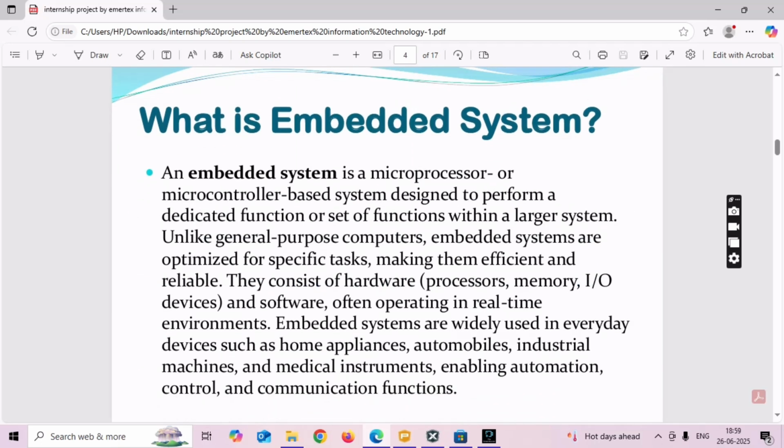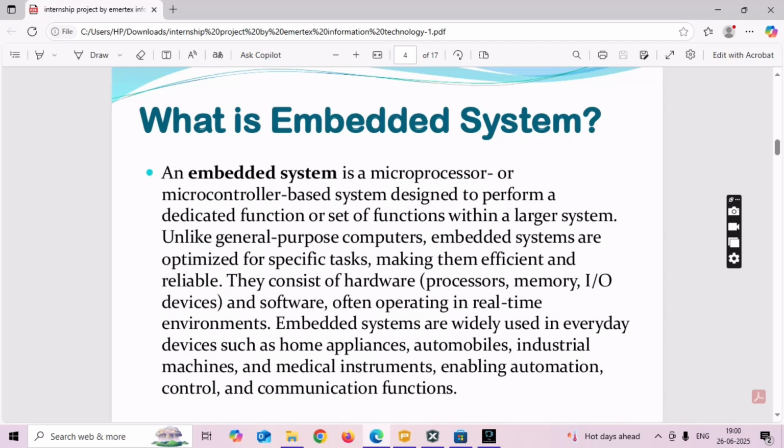Then, generally, a question arises: what is an embedded system? An embedded system is a microprocessor or microcontroller based system designed to perform a dedicated function or set of functions within a larger system. Unlike general purpose computers, embedded systems are optimized for specific tasks, making them efficient and reliable.